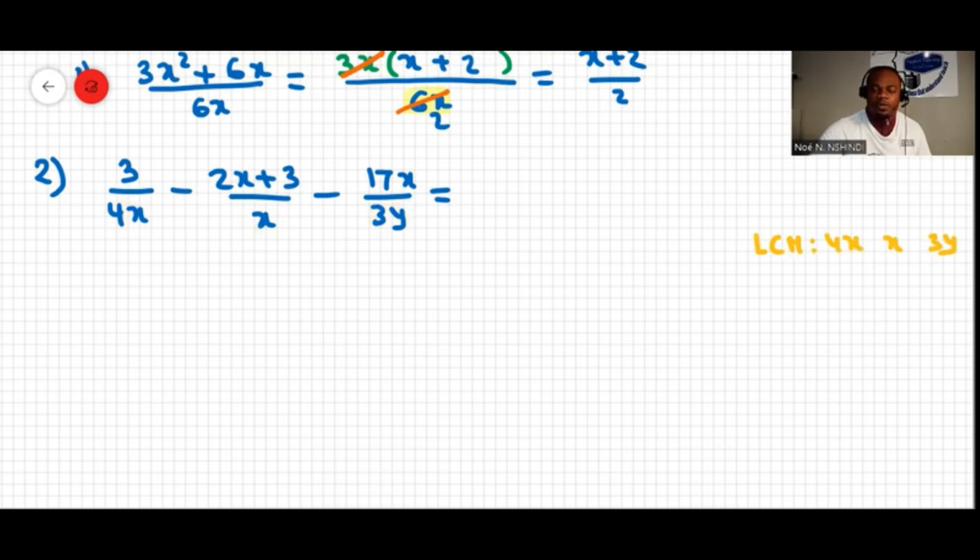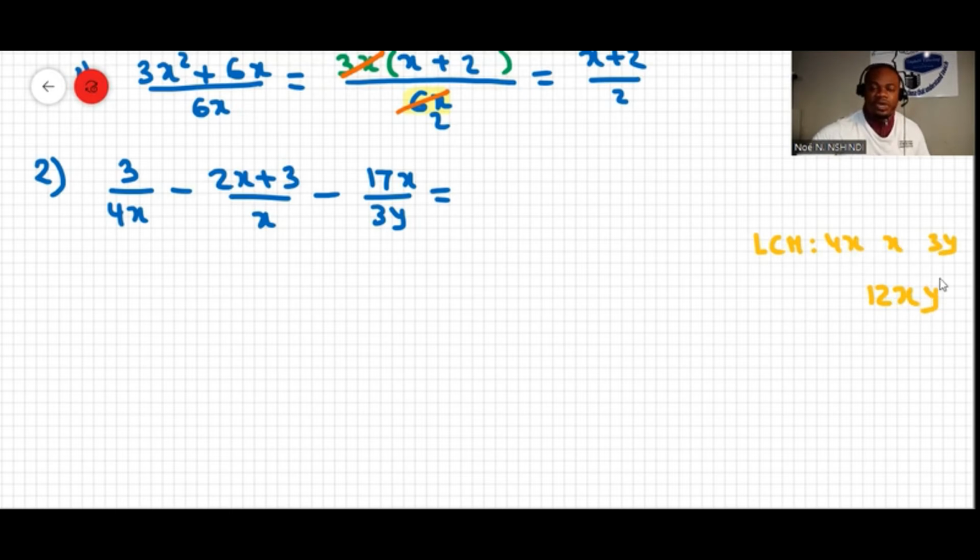So what should be the LCM of these 3 expressions? If we look at the constants, it must be 12. 12 is the lowest common multiple of 4 and 3. And then we need x also, and then y, because x is there and y is there.